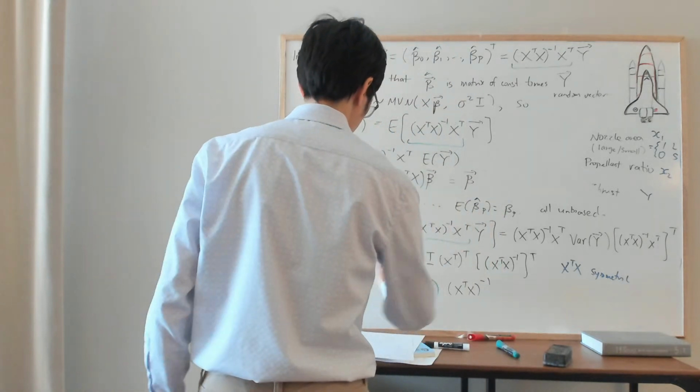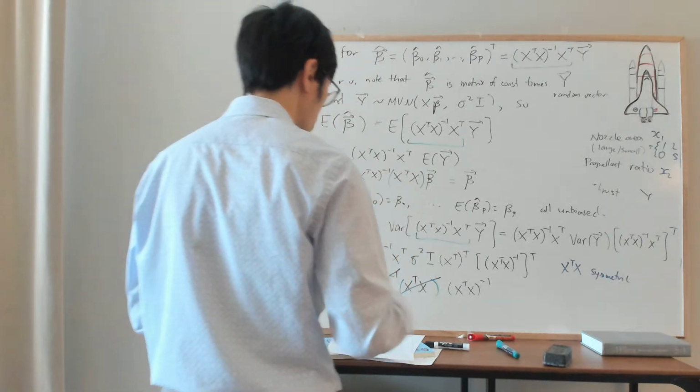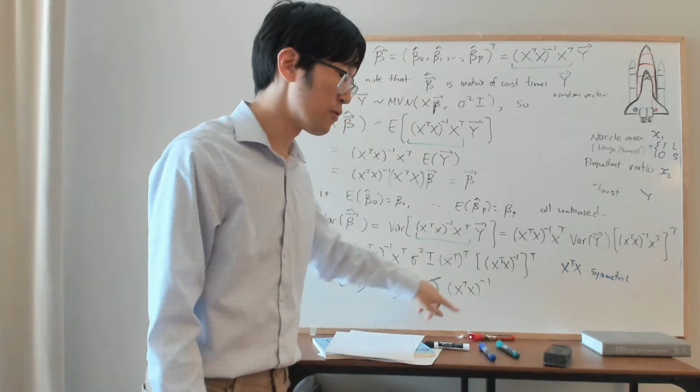Now this part cancels, it's the identity. And so we have the variance of beta hat: sigma squared times the inverse of x transpose x.